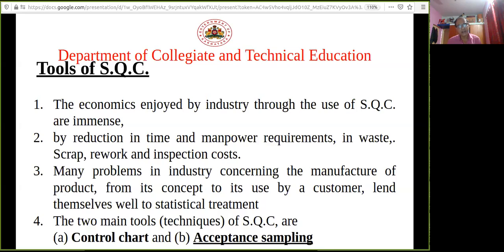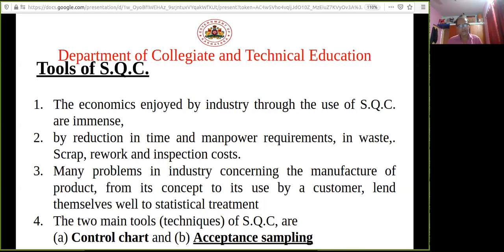In the X bar R chart, first we are going to bring the process under control, that is, under the range. First we should control the range of the products, that is the R chart. Once the range chart is under control, then we can go for the X bar chart and bring it under control.